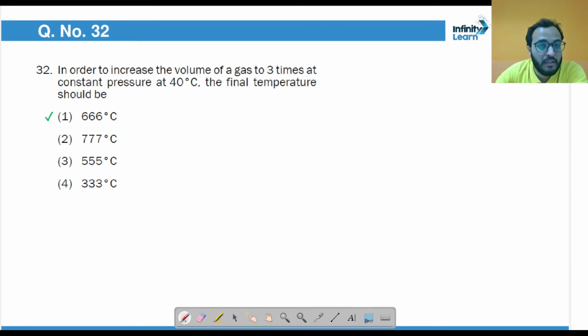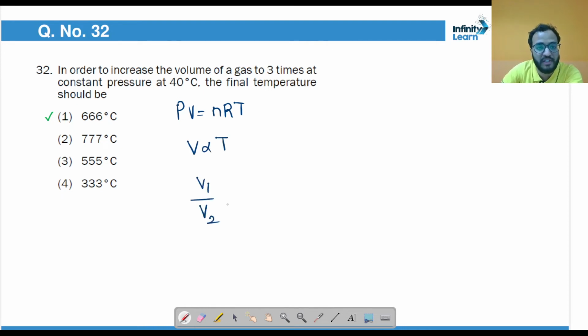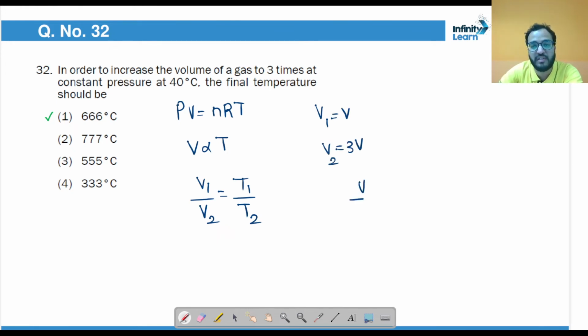Okay. Now, in order to increase the volume of a gas to three times at constant pressure, okay, simple. See, PV equals nRT once again. Pressure is constant, volume is directly proportional to temperature. So V1 by V2 is T1 by T2. Now the volume of the gas is three times, so V1 is V, V2 equals 3V. So V upon 3V is equal to T1 upon T2. So T2 is nothing but 3T1.